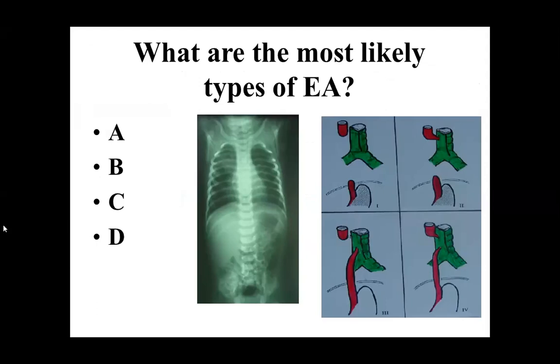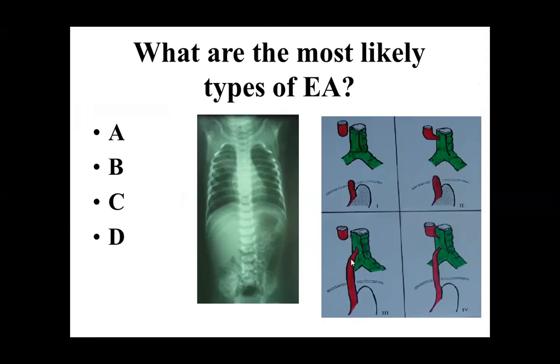Excuse me. So the X-ray will give you precise information. It will confirm the diagnosis of esophageal atresia. It will also give you great information on the presence or not of a distal tracheoesophageal fistula by the presence of intestinal gas. So if you have intestinal gas, this should be type C or type D, in which we have a distal tracheoesophageal fistula.